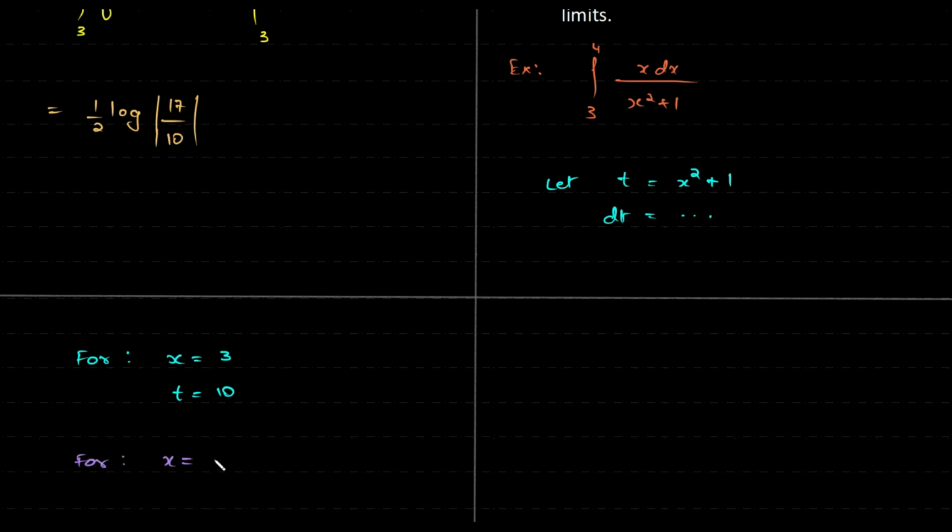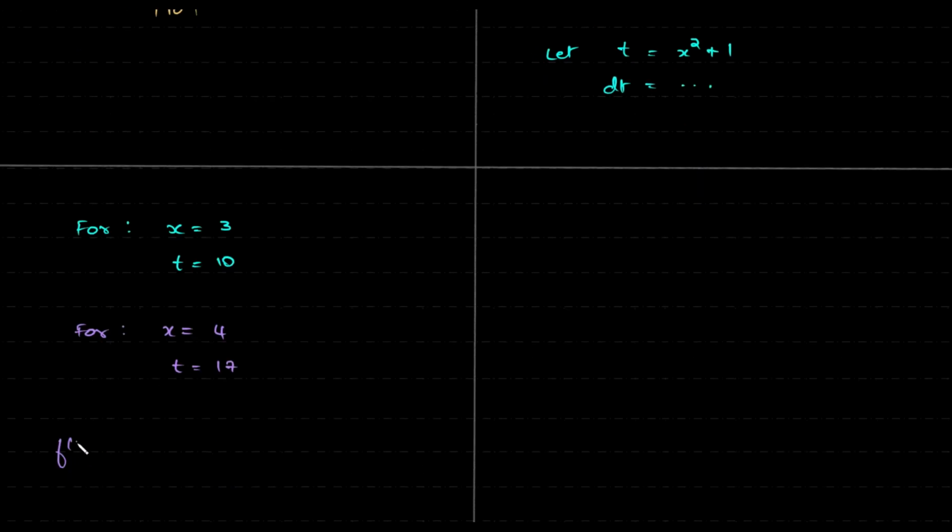For x is equal to 4, t is equal to 17. That's it, as simple as that. And so your integral will start looking like 10 to 17, right? 3 to 4, 10 to 17. Then this would be 1 by 2 dt by t.